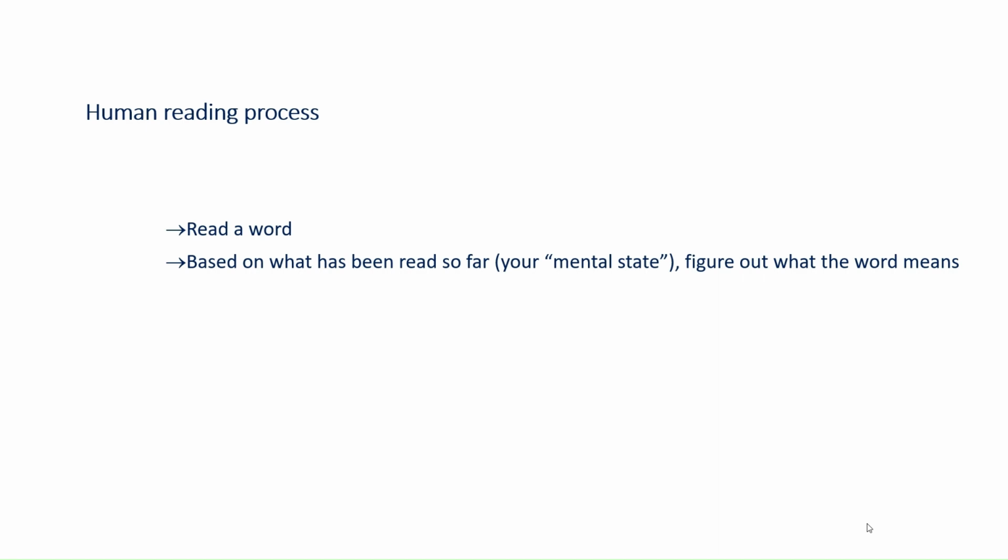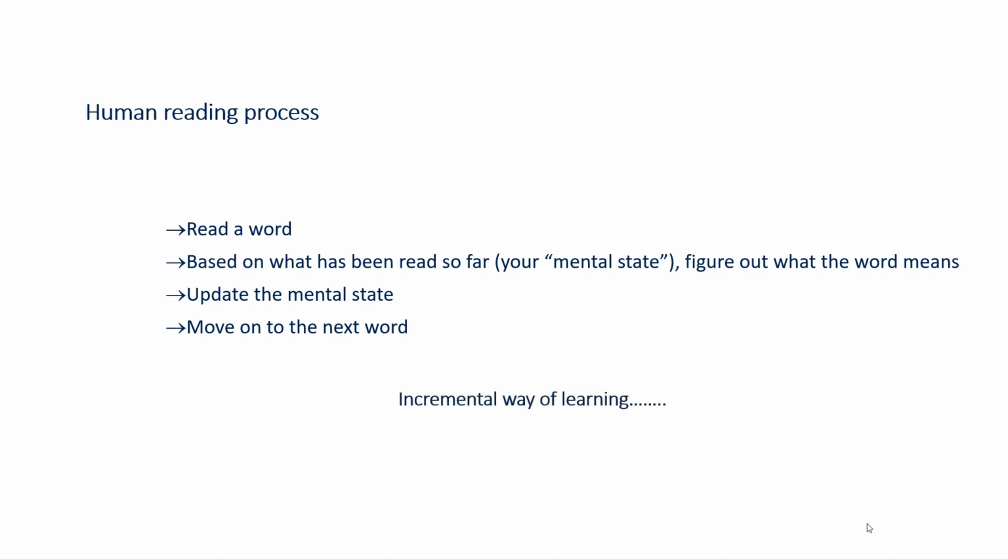We figure out the meaning of the word, and then we update the mental state based on whatever words we have learned up to that point. Finally, we move on to the next word. This is a repetitive process. The final mental state gives the representation of the entire sentence. This is how a human reads a language. This is called an incremental way of learning.